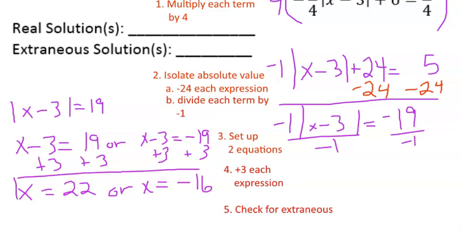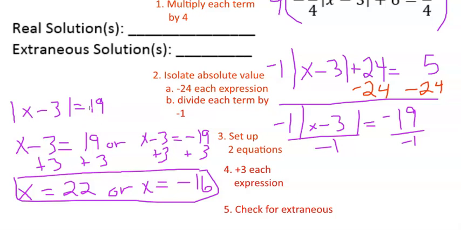And for our last step, we want to check if these are extraneous or real. To check, we look back at our isolated absolute value equation and notice that it equals a positive number. Since the absolute value equals a positive number, it's always going to be a real answer here.